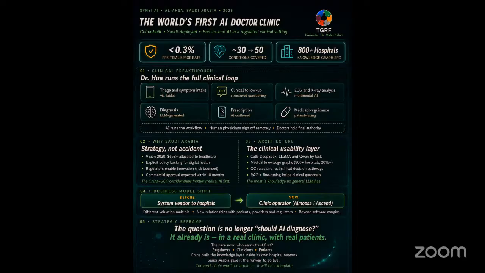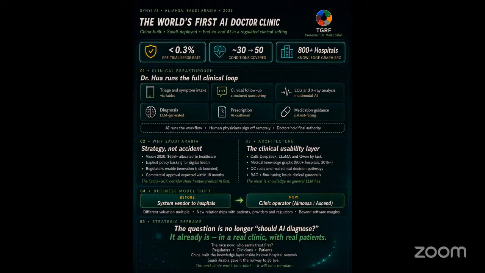But according to the book, the new model suggests something different. Cine is not only providing an AI system, it's cooperating with healthcare partners to support an AI-enabled clinical service. This means the company is moving closer to the actual delivery of care, and this is a major shift.